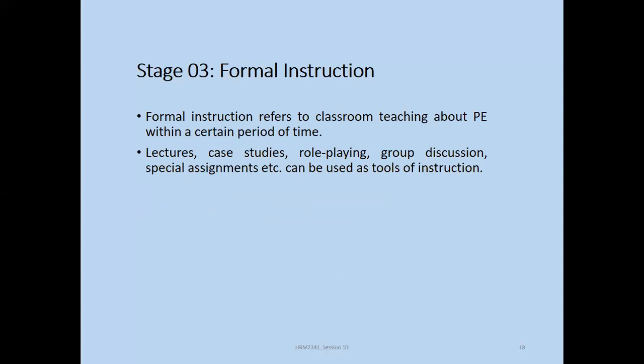Then formal instruction. The third stage of the performance evaluator training process is formal instruction. Formal instruction refers to classroom teaching about performance evaluation within a certain period of time. After developing the evaluators manual, by using the manual and other materials, we can conduct classroom sessions.